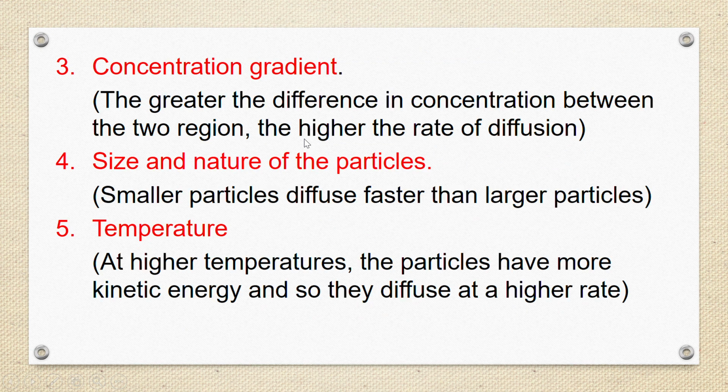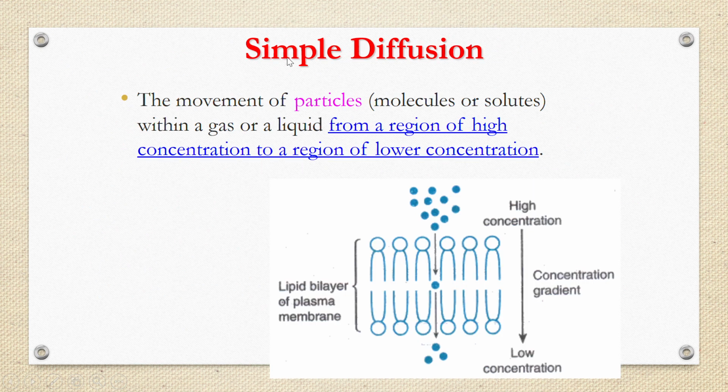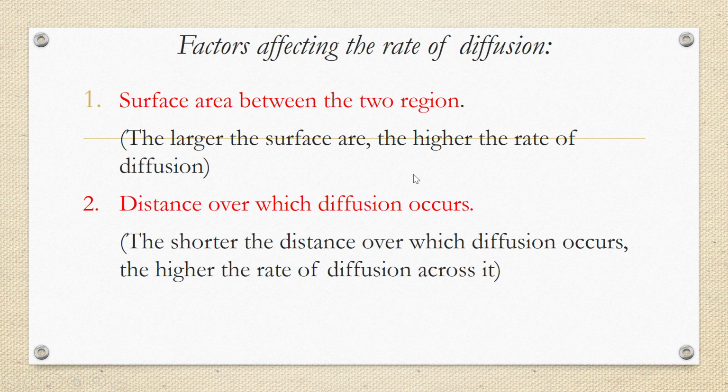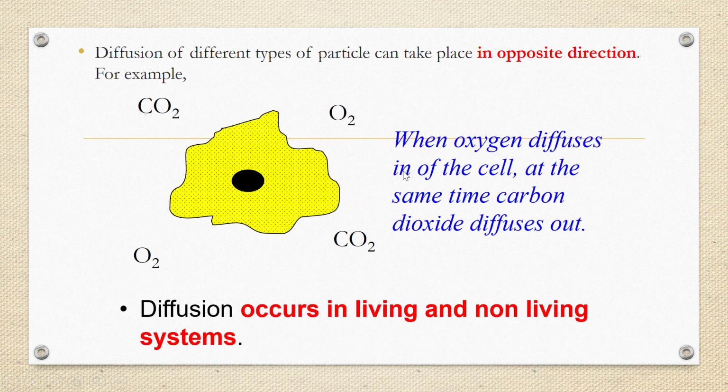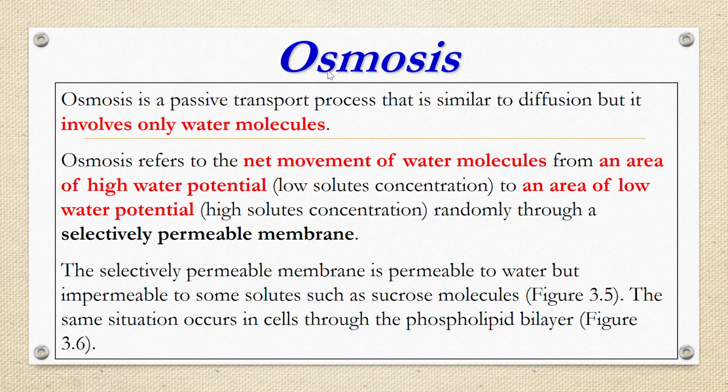Just now, when we talked about simple diffusion, we were referring to the particles, the molecules or the solutes. But now, we are going to focus on the water particles, the water molecules.